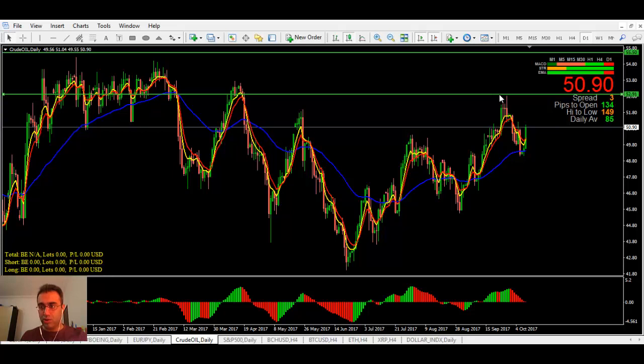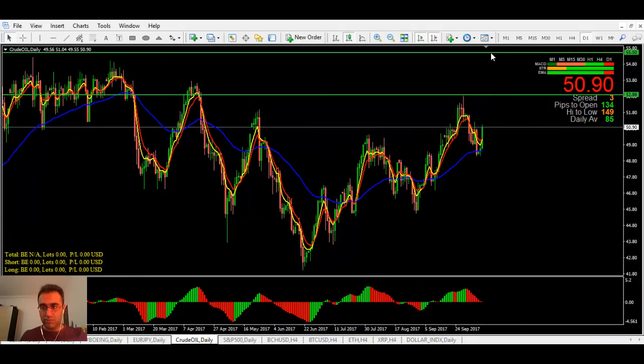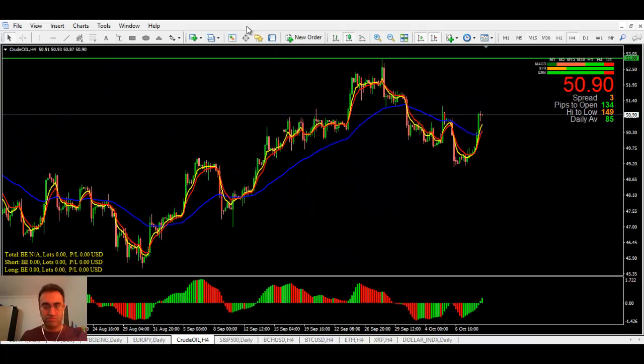Now what to do here? This is what we're going to do. Let me go to the 4-hour chart now. We want price to shoot up towards these levels, form an M pattern, and short sell from there. You're going to short sell, take it towards the downside, come towards the moving average, and bounce back up.